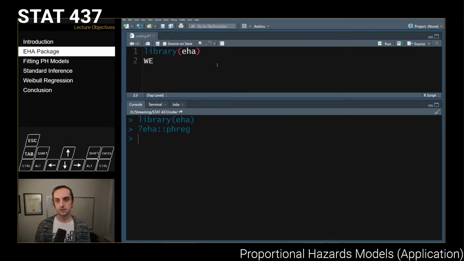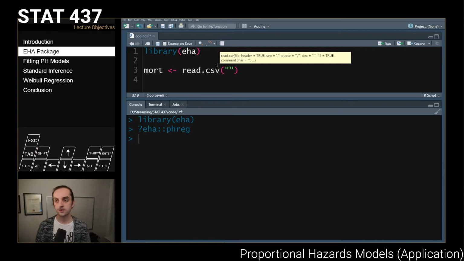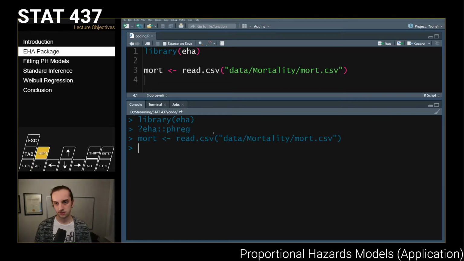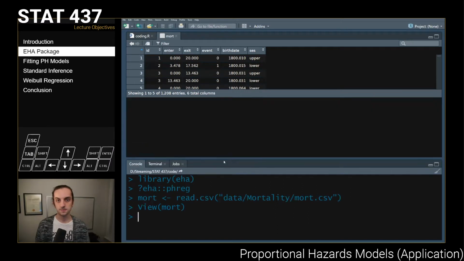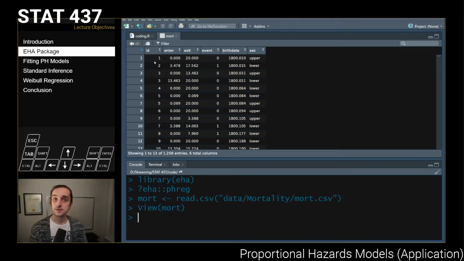Now, the data that we're going to be working with here is mortality data. It's available on the class website, so I'll read in the CSV file and take a look at its form to see what we're working with. You can see that, for the most part, it's a fairly standard data set.